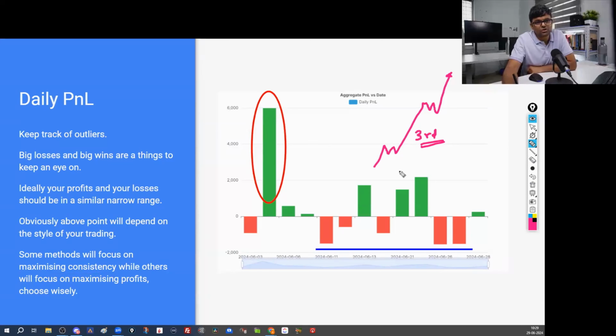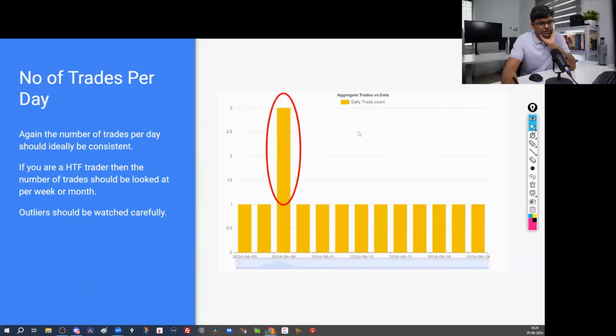So for a long time, you have no trades or small trades which cause some losses, but then you get a big one, and let's say it extends, then it becomes a multi-bagger. So that is a method which focuses on maximizing profit. We are going to look at both. I'm not comparing methods today because that is not what this is about, but we will look at the merits and demerits of both the methods.